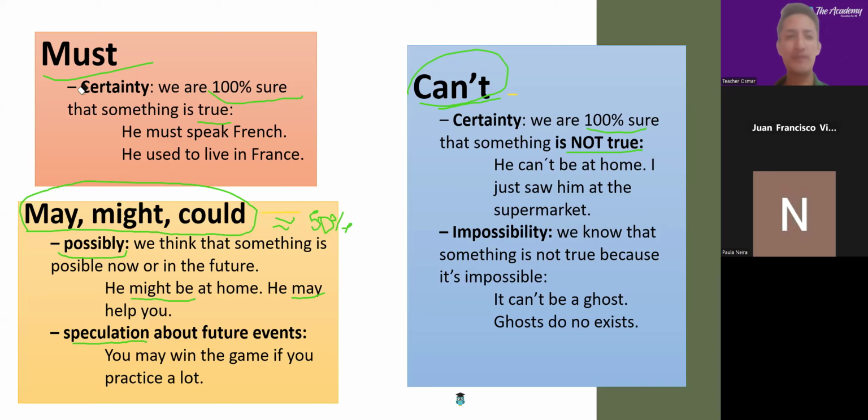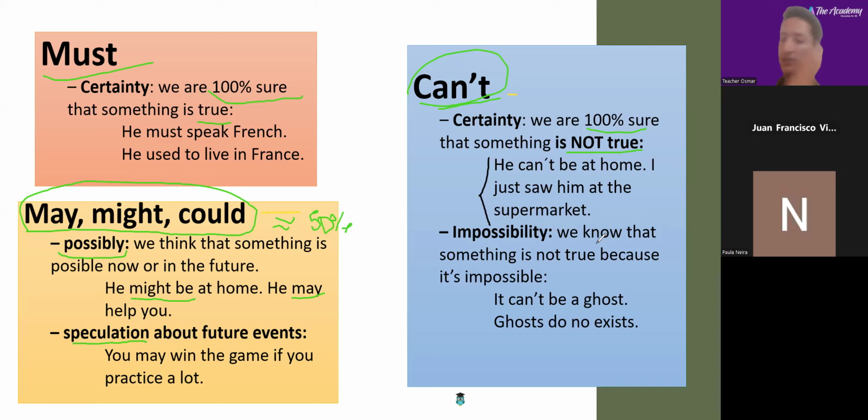So what would be the translation, Juan Francisco, for this sentence? He can't be at home. Él no puede... be... teacher, I don't remember the meaning of be. The to be verb, estar. He can't be. Él no puede, ¿cómo sería? ¿Como ir a casa? ¿O llegar a casa?